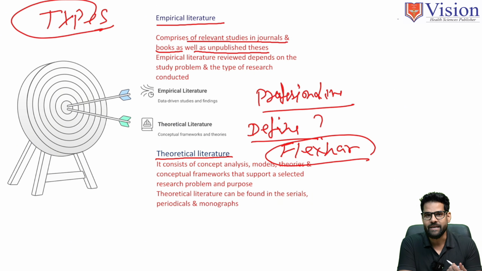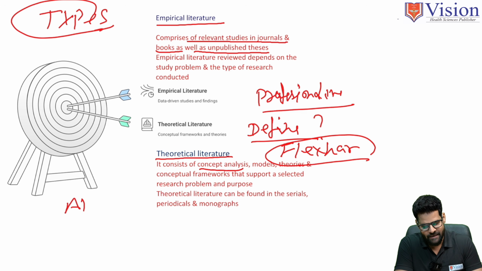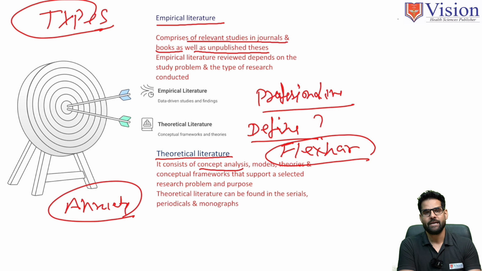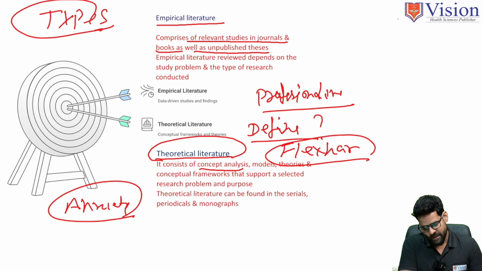Whatever you get from existing theories, or narrations such as concept analyses. If I ask you, can you define the term resilience? You will say yes. Can you define the term anxiety? You will say yes, I can do that. So how do you do that? You do that by reviewing the theoretical literature. Theoretical literature can be found in serials, periodicals, and monographs.